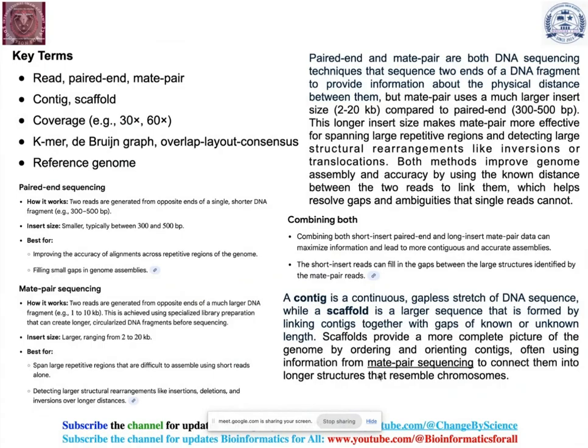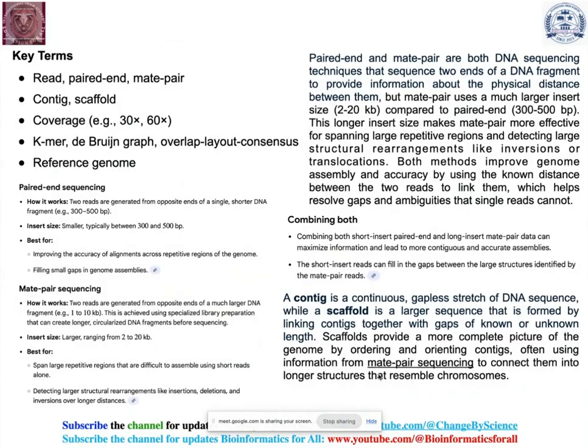Then mate pair sequencing. How it works: two reads are generated from opposite ends of a much larger DNA fragment, and this is achieved by using a specialized library preparation that can create larger circular DNA fragments before sequencing.